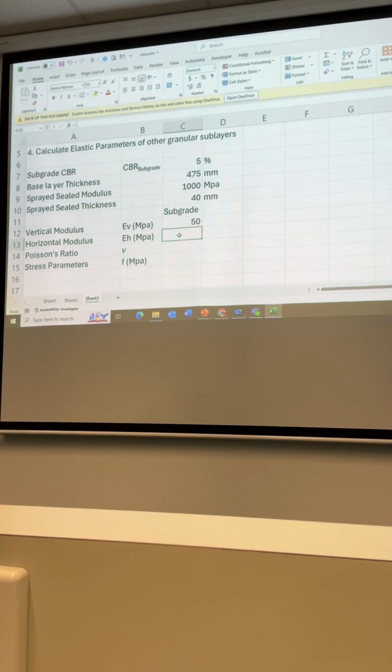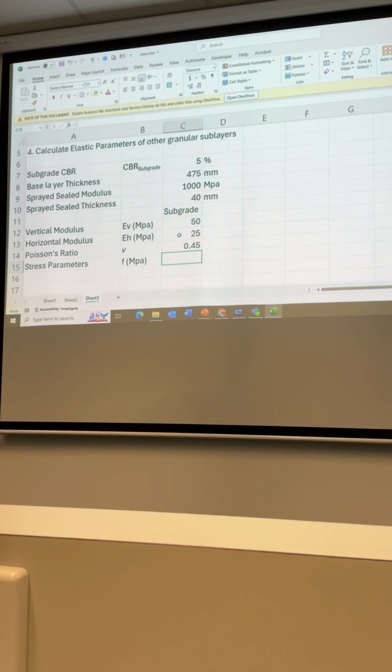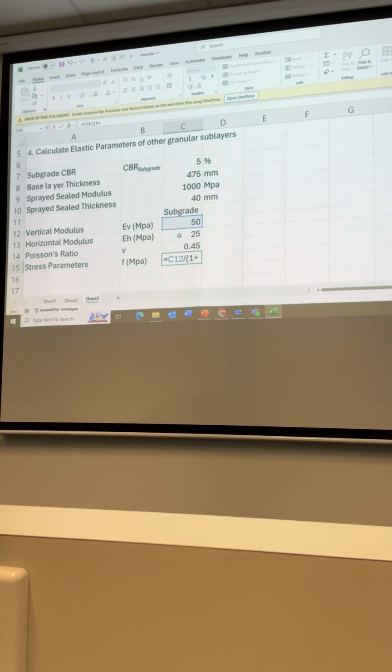How much is the horizontal? The half of that one. How much is Poisson's ratio? 0.45 always for subgrade. And the stress parameter is going to be EB divided by 1 plus B.